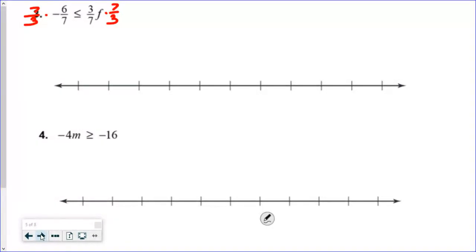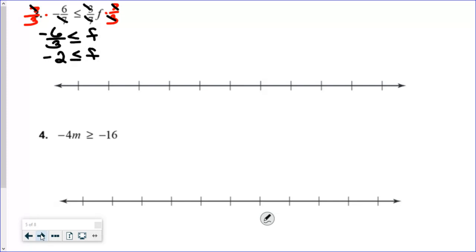Multiplying by the reciprocal gets that stuff to cancel. If you notice for this one, the 7s also cancel. So top times the top, we have a -6 on the top, a 3 on the bottom, that symbol, and an f left. -6/3 is -2.